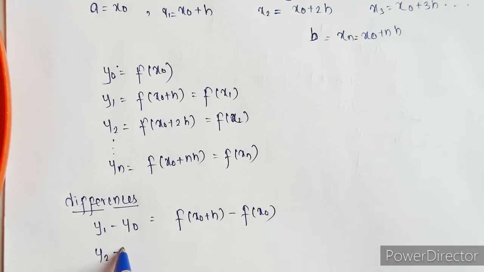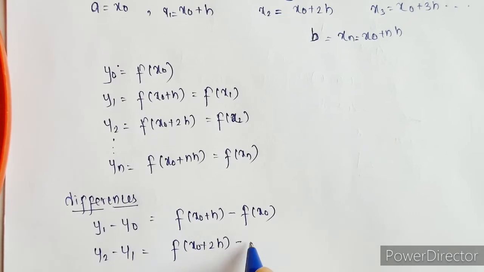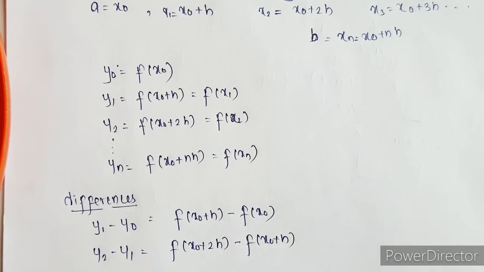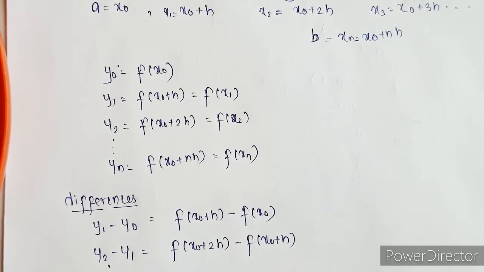We can take y2 minus y1, which is f of x naught plus 2 times h minus f of x naught plus h, and so on. And we can take last one as yn minus y(n minus 1), which will be f of x naught plus n times h minus f of x naught plus the previous term, that is n minus 1 times h.